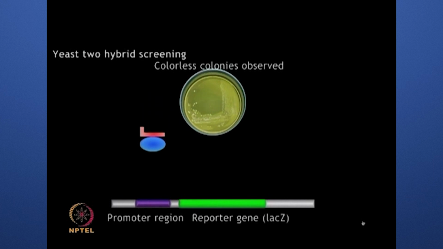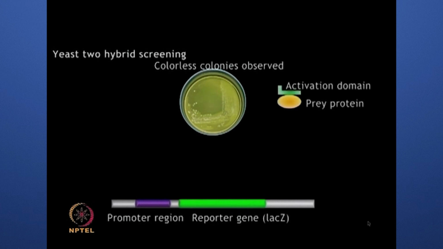The binding domain is fused with the bait protein, while the activation domain is fused with the prey protein. Binding of either one of the fusion proteins to the promoter is not sufficient to bring about transcription of the gene.